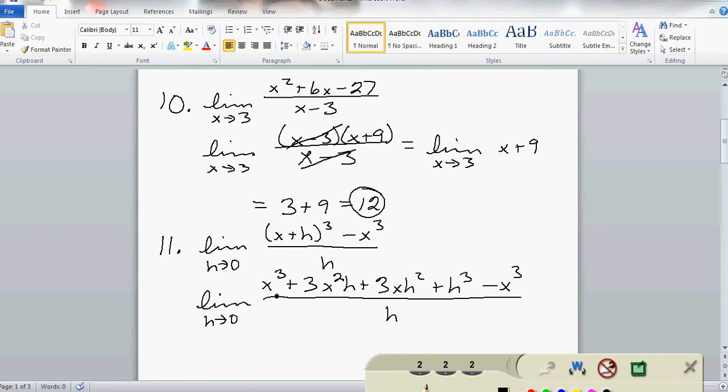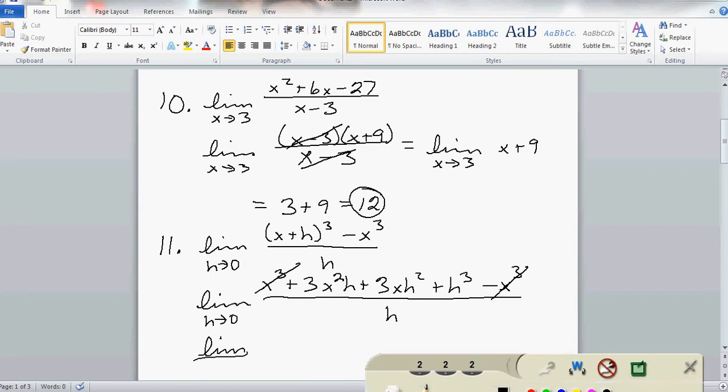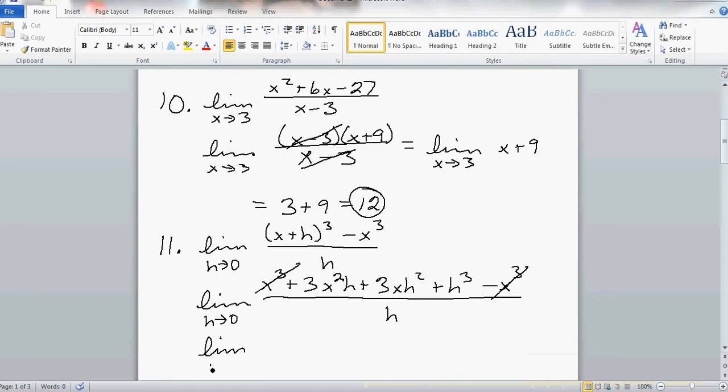So now let's see what happens here. x cubed minus x cubed, well, they cancel each other out. Then we're left with 3x squared h plus 3x h squared plus h cubed. But I look at that and say, I know that I can factor out the common factor of h.